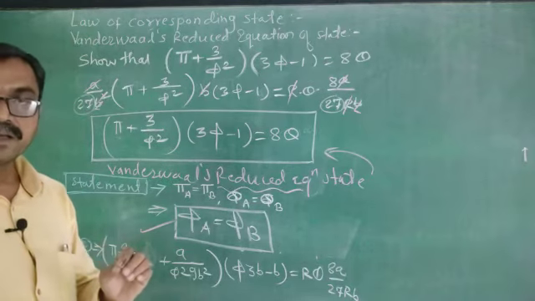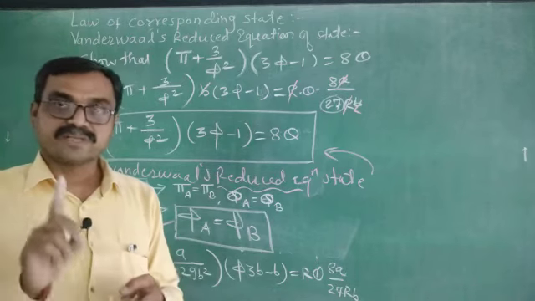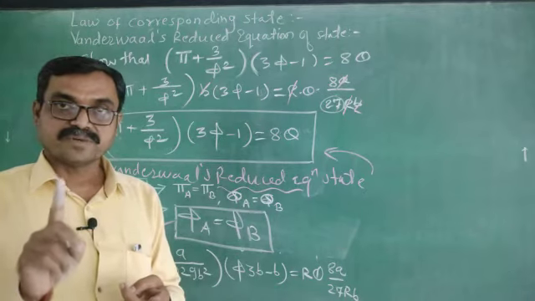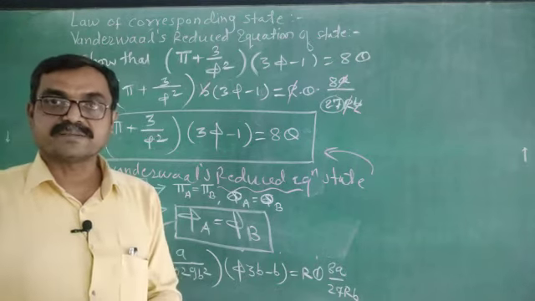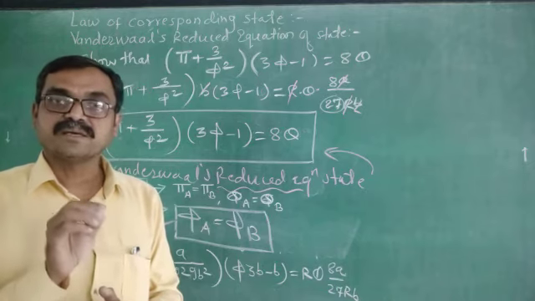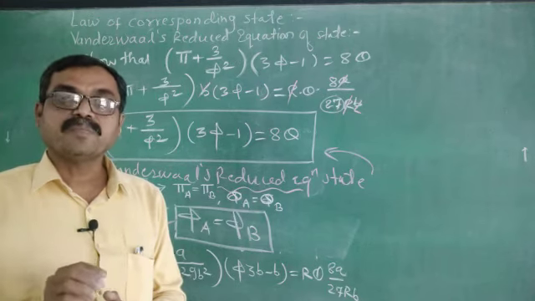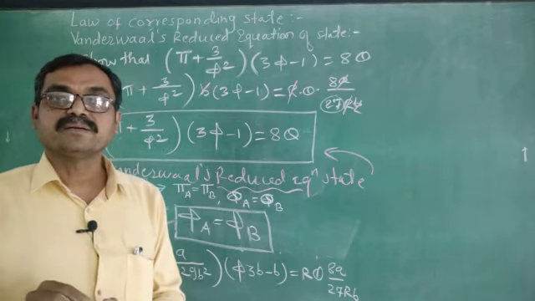Only you have to learn 2 main points. First, which is the first point, van der Waals equation for 1 mole of gas. What is van der Waals equation for 1 mole of gas?